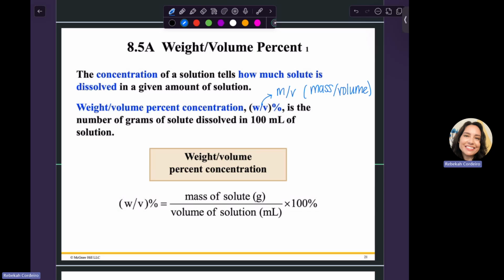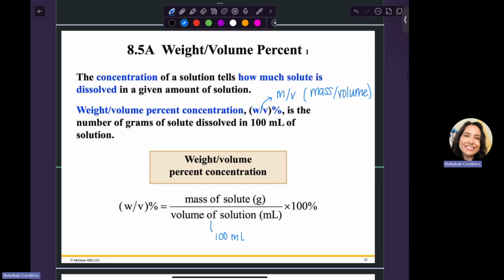But basically, it's the grams of the solute in 100 milliliters of solution. So mass volume or weight volume, specifically 100 milliliters. And so if you're given a number, it's out of 100.